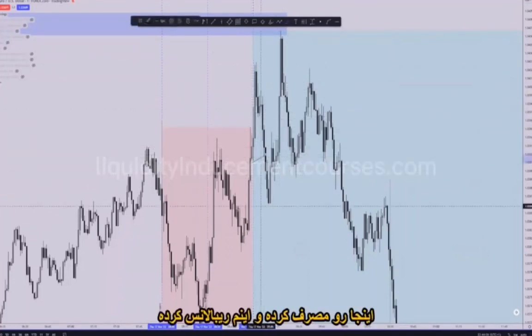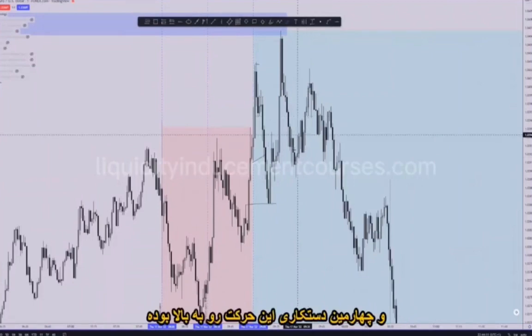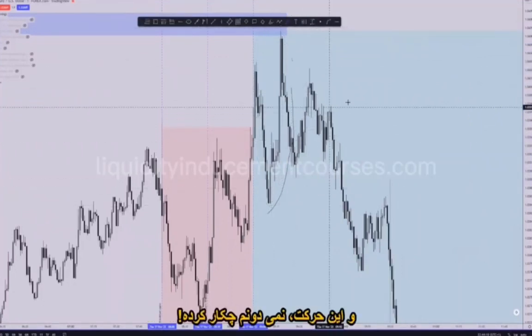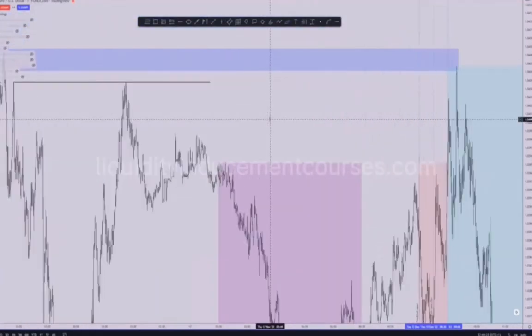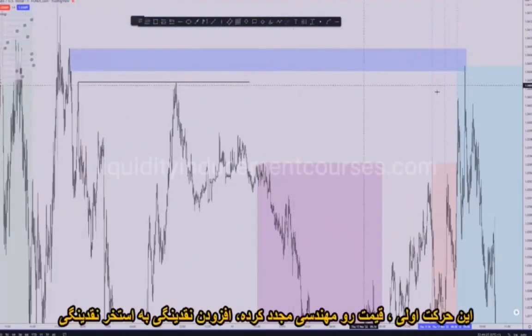It took out this, just to rebalance this. And it induced early sellers. You can imagine some people selling here. And the fourth manipulation was this overall move to the upside. And this move, I don't know what it did, but yeah, just to take out this equal high. And you see the first manipulation just re-engineered liquidity, additional liquidity for this liquidity pool.